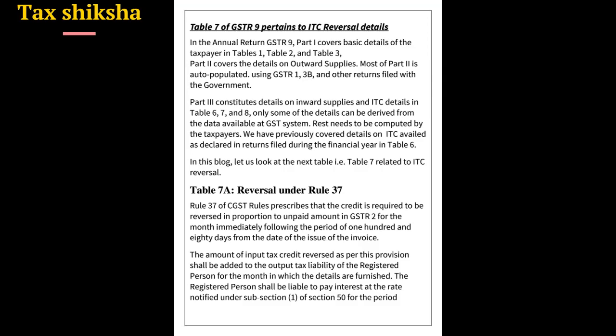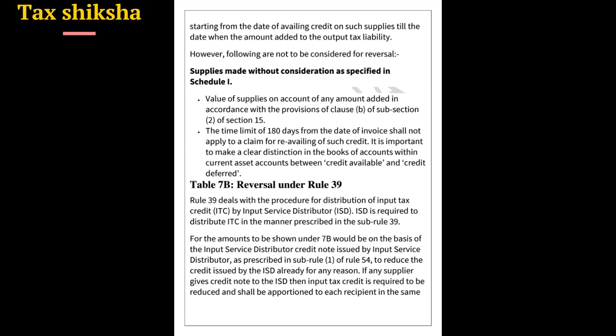Supplies made without consideration as specified in Schedule I. Value of supplies on account of any amount added in accordance with the provisions of Clause B of subsection 2 of Section 15. The time limit of 180 days from the date of invoice shall not apply to a claim for reavailing of such credit.